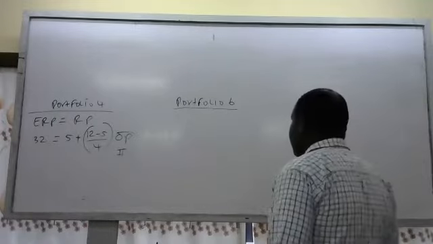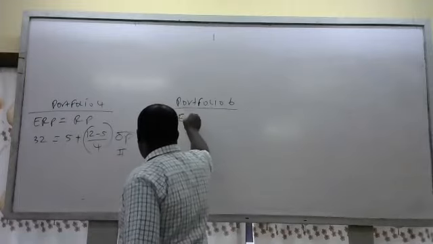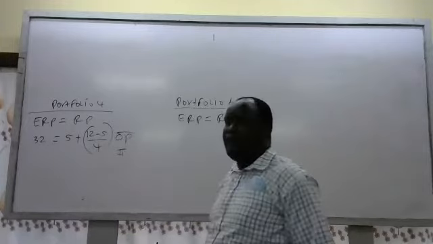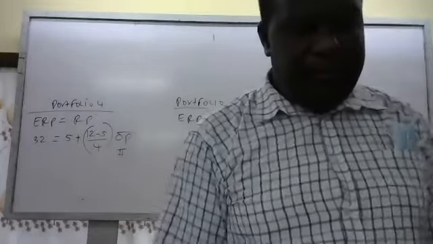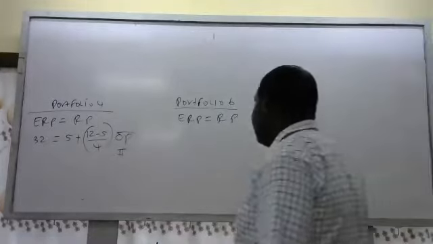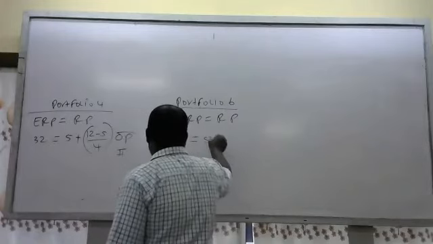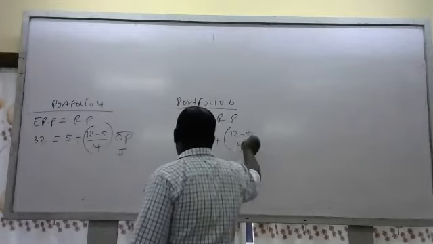When you do the same for portfolio 6, remember the expected return of the portfolio must be the same as the return for the portfolio. So that one, it was 8. So it should also be equal to 5 plus 12 minus 5.